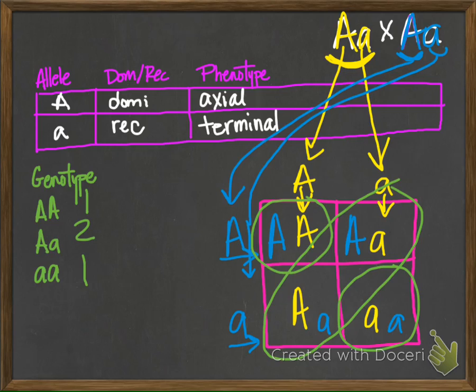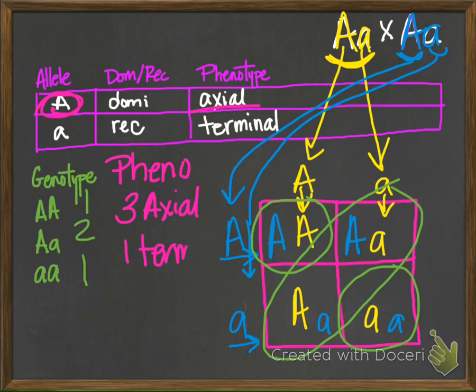But when we talk about phenotype, that's the actual appearance. And for something to be dominant, that means that as long as there's one of these dominant, then it's always going to show dominant or axial. So we're going to have 3 axial to 1 terminal.